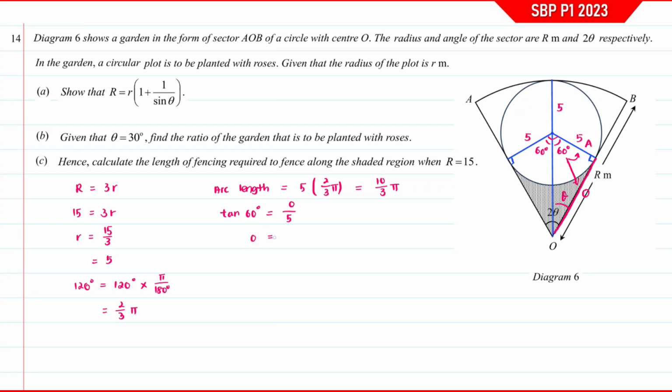So the opposite length will equal 5 times tangent 60 degrees, which is equal to 5 root 3. So the length of fencing will be, we're going to sum up the arc length and the two sides here. It will be 2 times 5 root 3. So the answer will be 27.79.